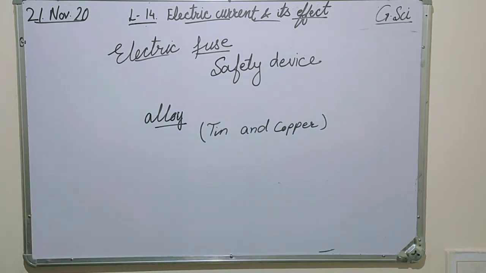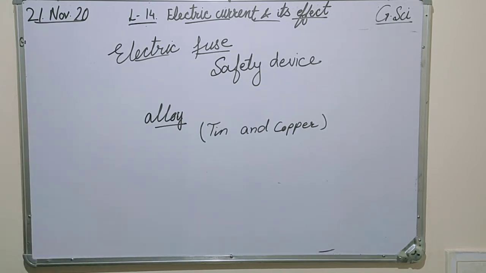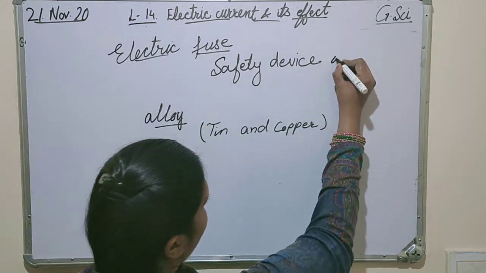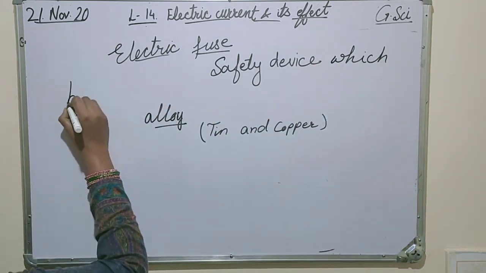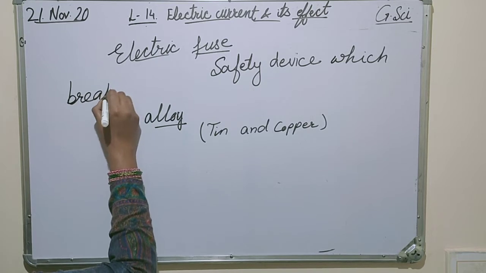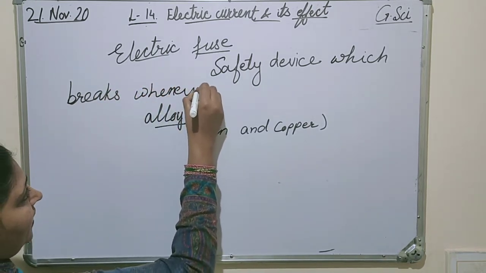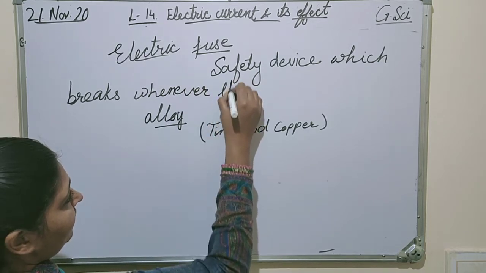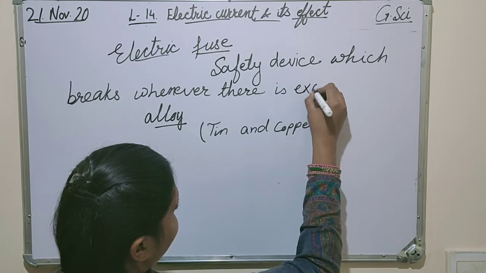So what is an electric fuse? It is a safety device which breaks the circuit whenever there is an excessive flow of current.